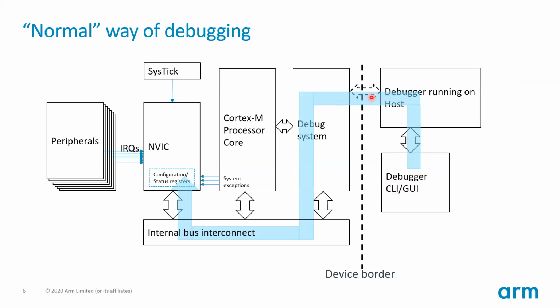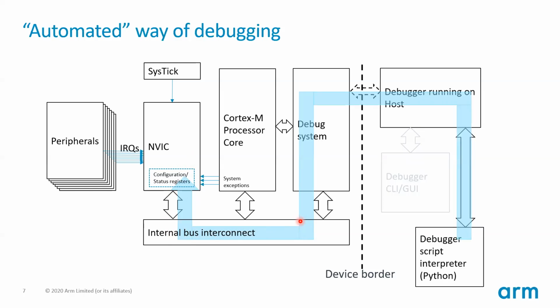It is connected to the target under debugging in some way, and the debug subsystem on that system can access the internal interconnect in the CPU and can directly write the NVIC registers. Most of the debuggers, at least the ones we are using, have some kind of script interpreter, so it is possible to create a script to automate the testing procedure.